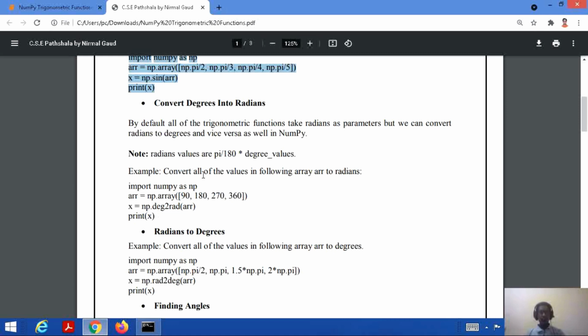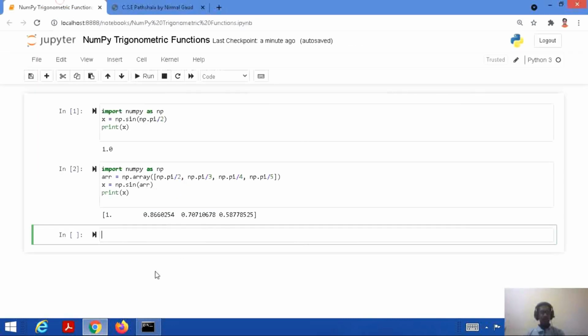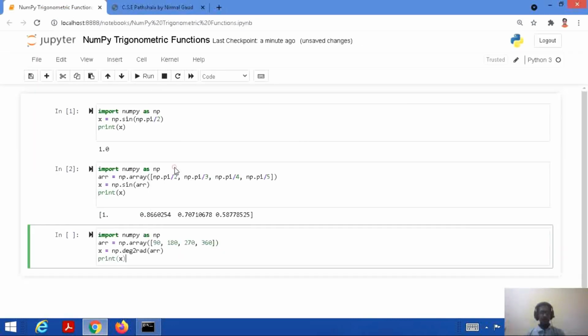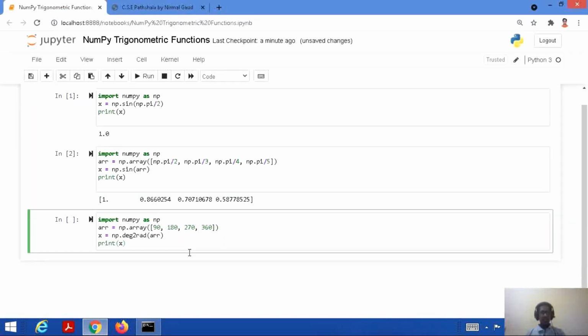Here we have to convert all the values of the following array into radians. Import numpy as np, arr equal to np.array 90, 180, 270 and 360. These are the values of the NumPy array, and then we perform the degree to radian conversion.